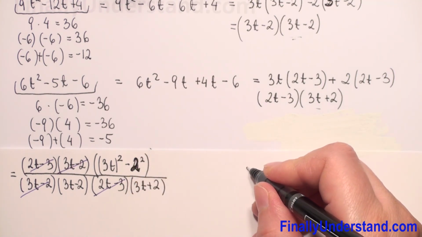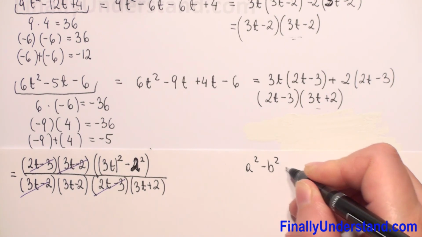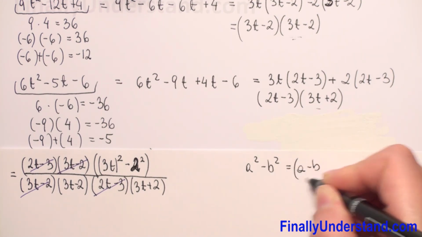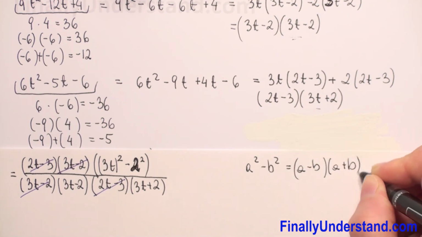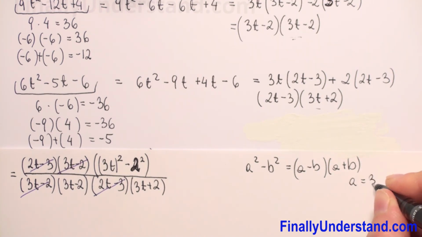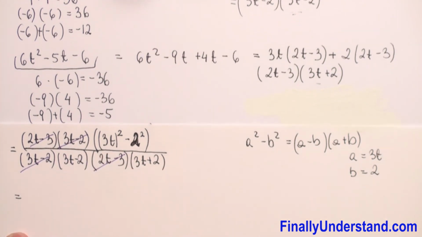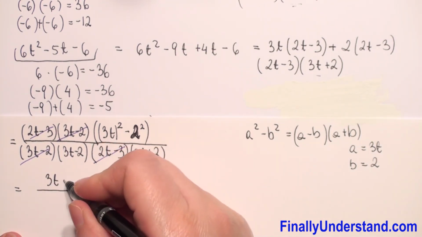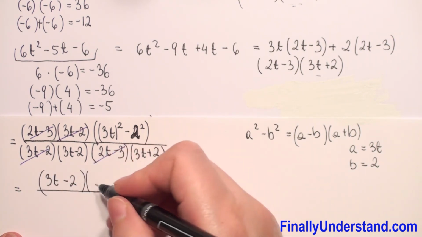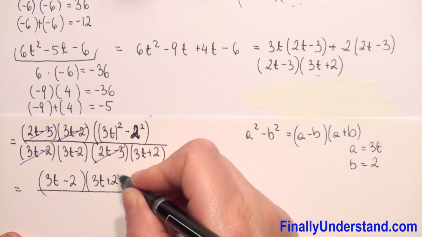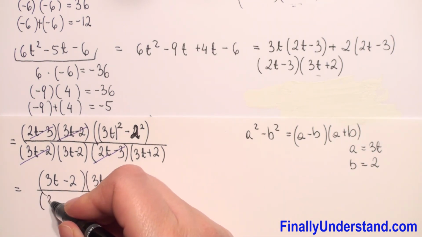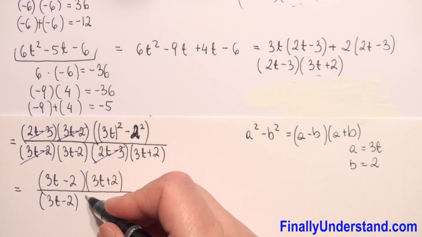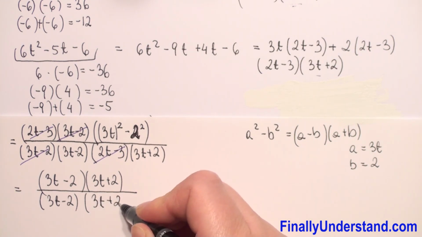So this is the formula a squared minus b squared is equal to a minus b times a plus b. In our example, a is equal to 3t and b is equal to 2. So our denominator, we can rewrite that this is 3t minus 2 times 3t plus 2, and in the numerator we have 3t minus 2 times 3t plus 2.